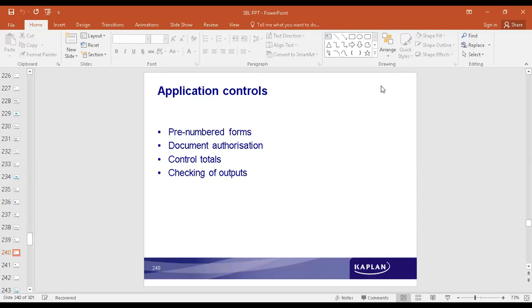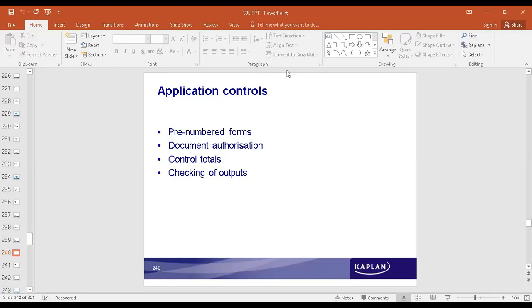Then the next one is about control totals. As the data is inputted into the system, it is considered a batch of entries. After the batch of entries is made, there is an automatic check that is taken up, that is control totals.